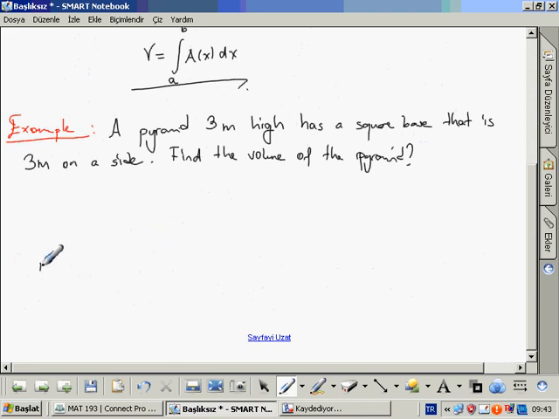That means this part is 3 meters, and the height from the center of the square is 3 meters, h is 3 meters.